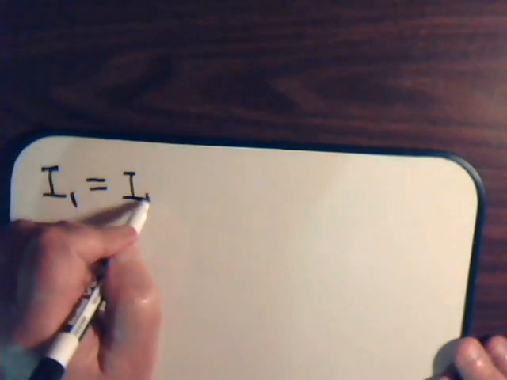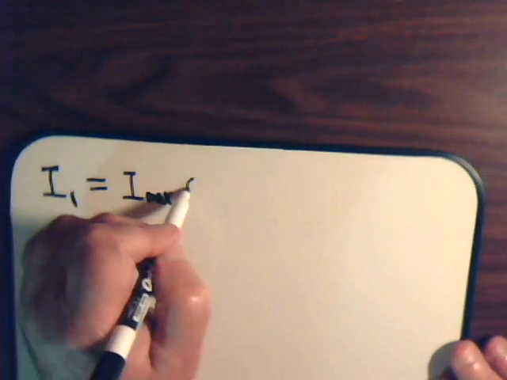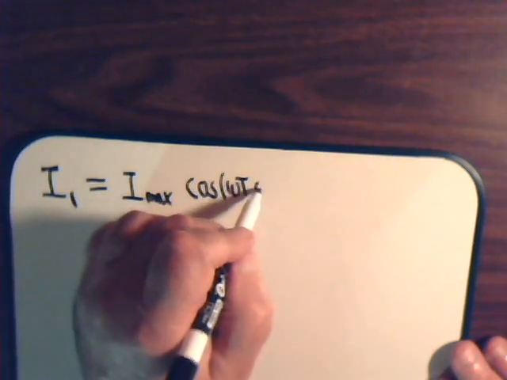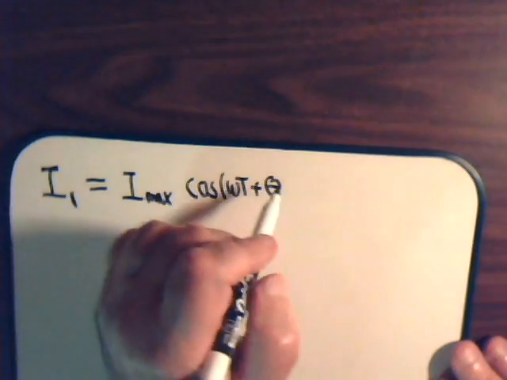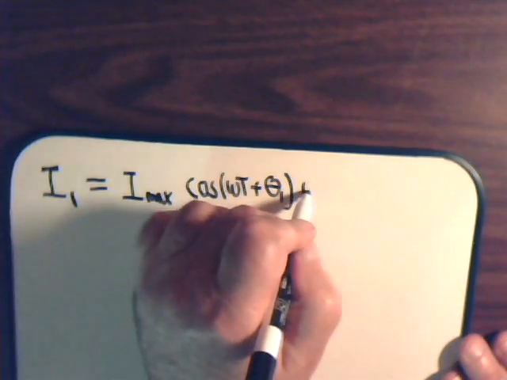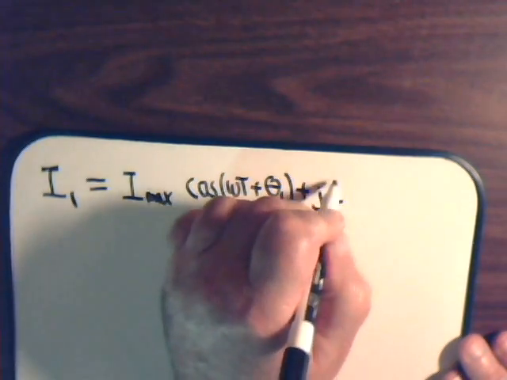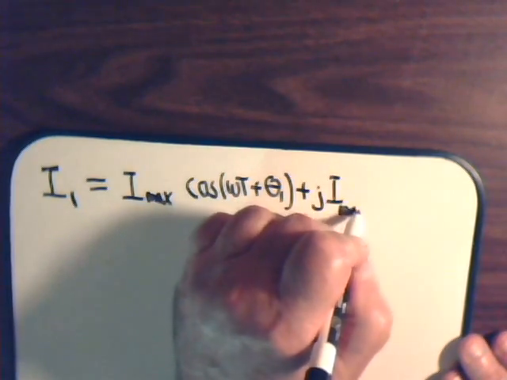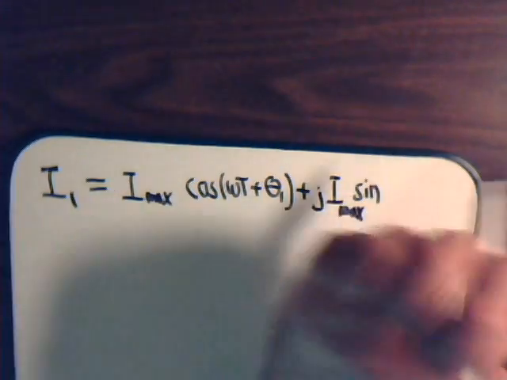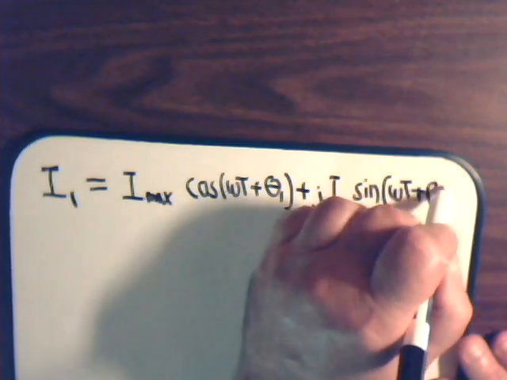It would equal I max times the cosine of omega t plus theta, say theta 1, plus j I max times the sine of omega t plus theta 1.